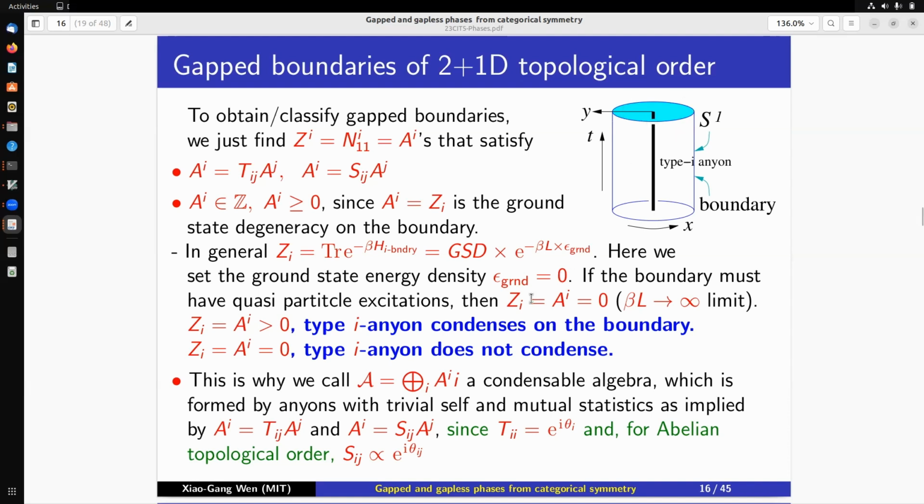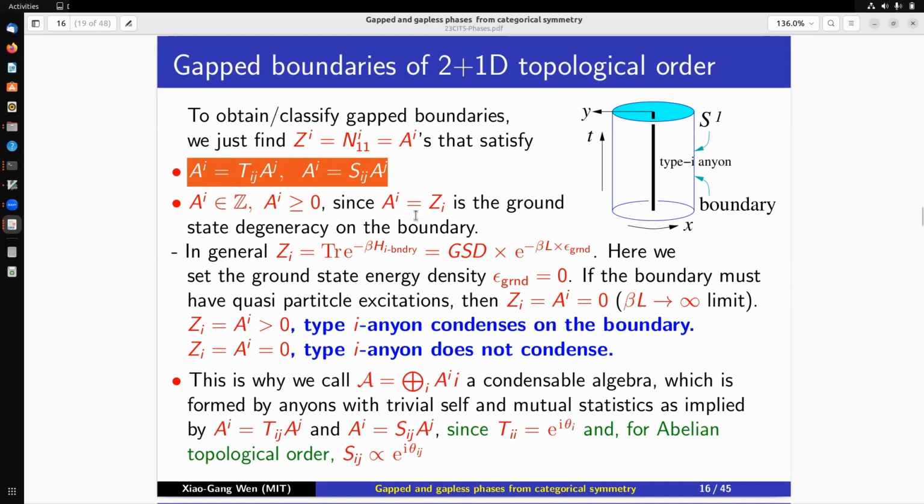And this partition function for the gapped boundary just describes this ground state degeneracy. This pattern of ground state degeneracy as a function of the anyon insertion in the disk also satisfies this equation. That is a kind of modular covariance. So this A is a non-negative integer now.